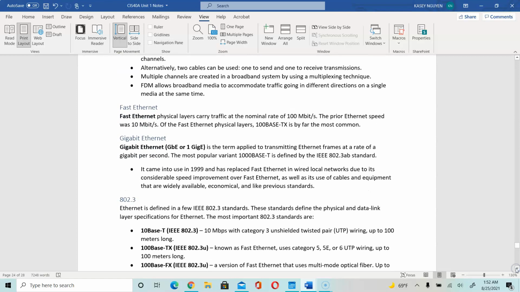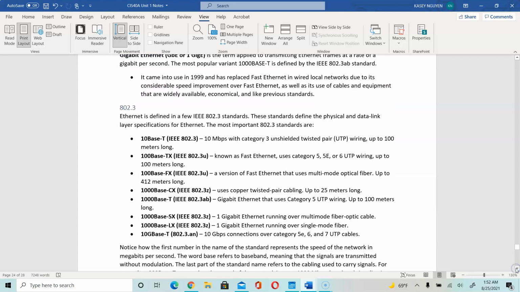Fast Ethernet compared to gigabit Ethernet. Fast Ethernet transmits at 100 megabit per second, where gigabit Ethernet transmits at a much higher rate, gigabit per second. Earlier I mentioned that there's some information for 802.3, so on page 24 you can find a list of different 802.3 types of base.